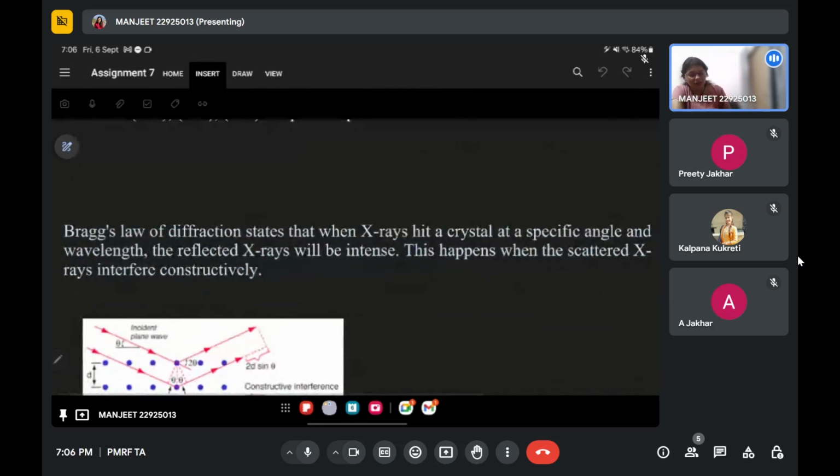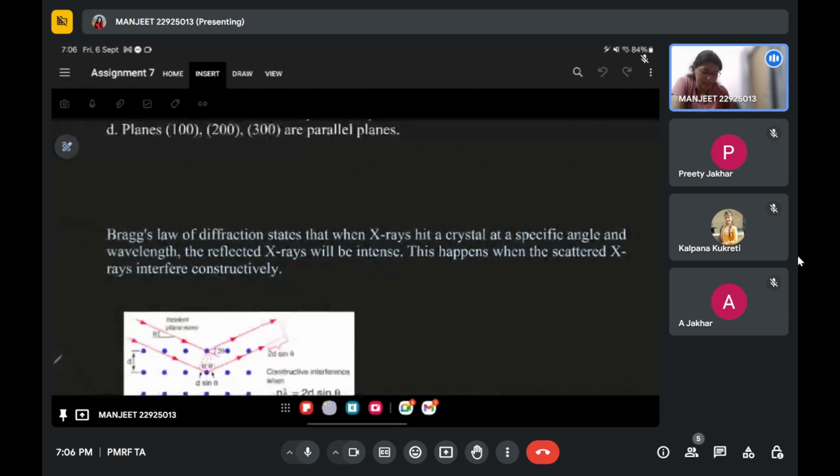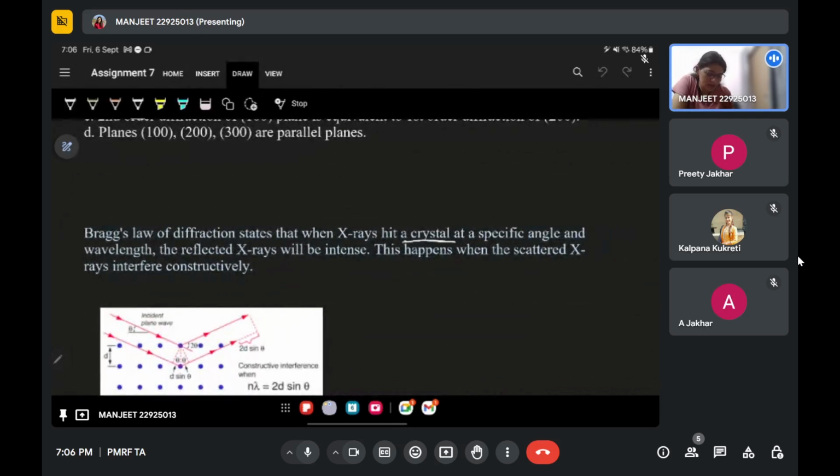So Bragg law states that when your X-ray hits a crystal at a specific angle, and this is my incident plane, and the wavelength, the reflected X-ray will be intense, and this happens when the scattered X-rays interfere constructively.